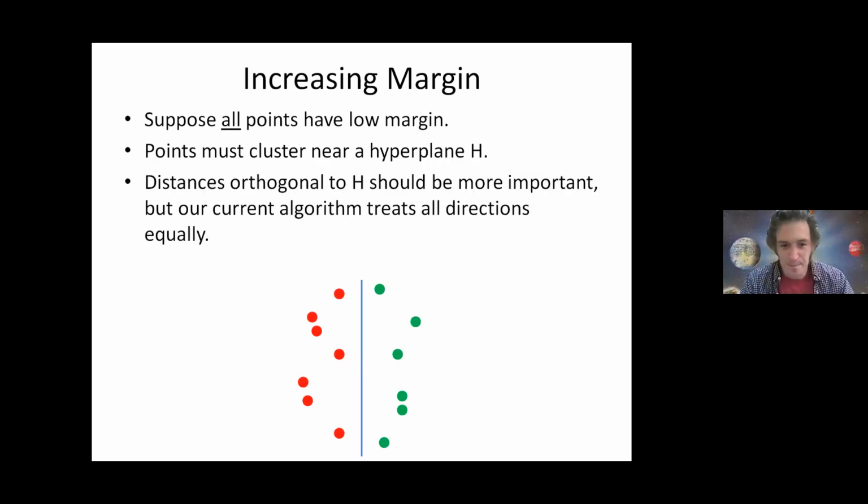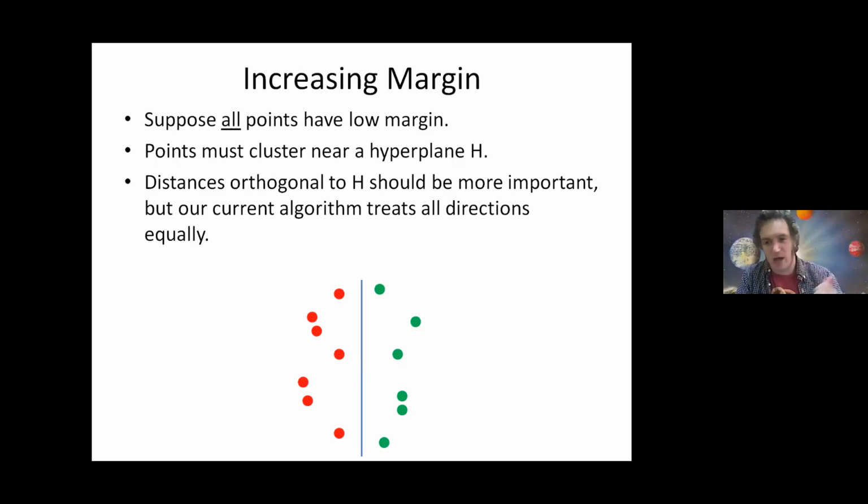And basically there's a problem that when we were trying to approximate the size of this normal vector, because all of our points are so close to this hyperplane H that we're trying to learn, the directions orthogonal to this hyperplane, even though they're very tiny, become very important to us.